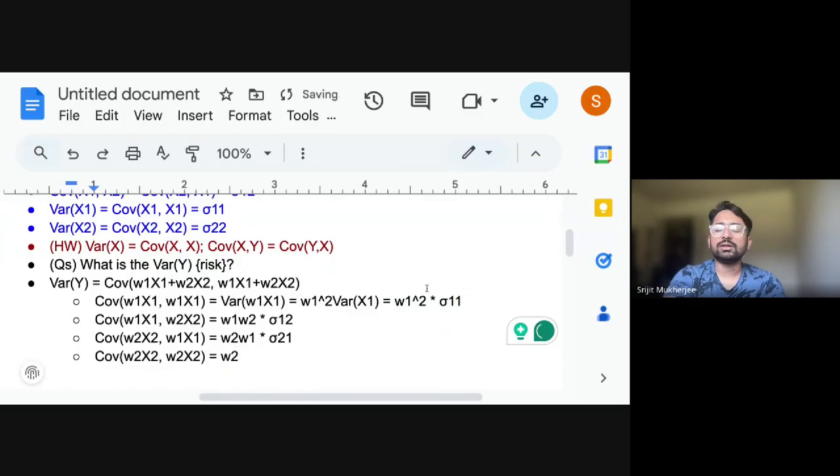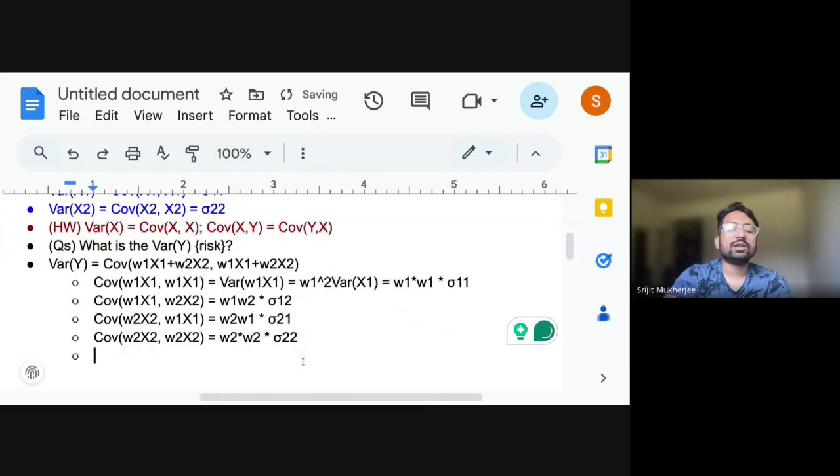Actually, w1 square is nothing but w1 times w2, w1 whole square, or you can say w2, times sigma 2 2. So when you add them, the sum is nothing but, because it's a sum, right? I wrote the individual terms. It's nothing but like this.